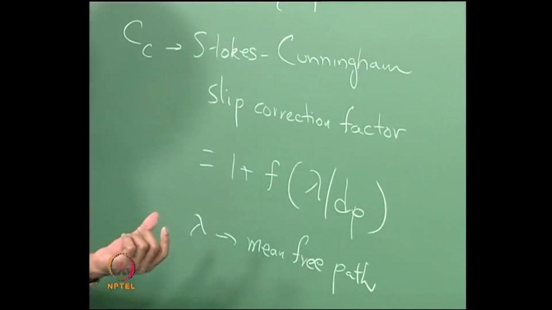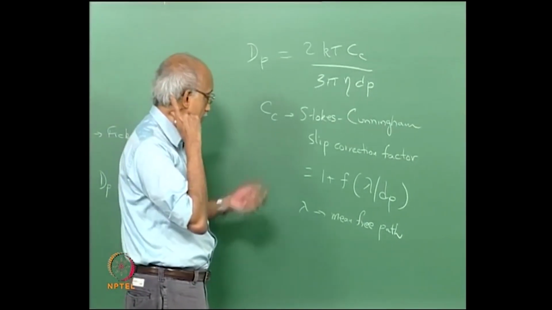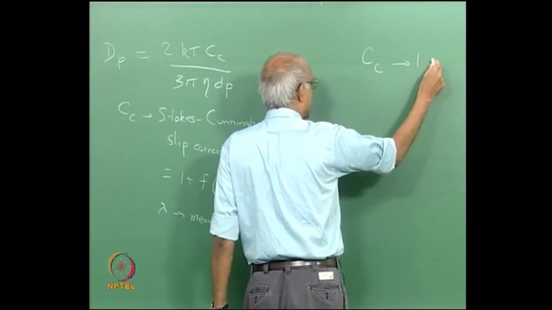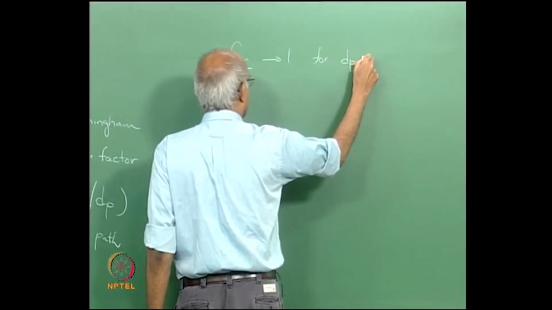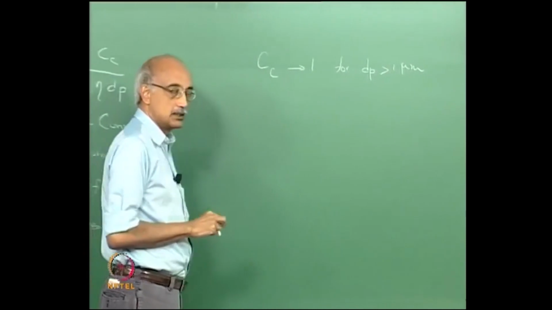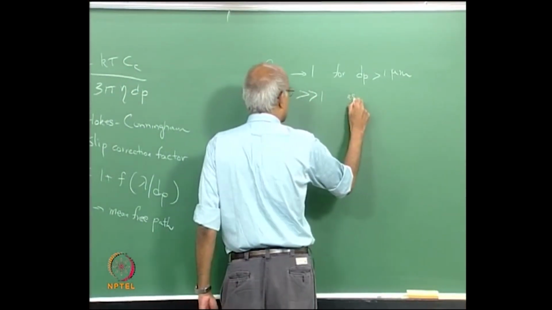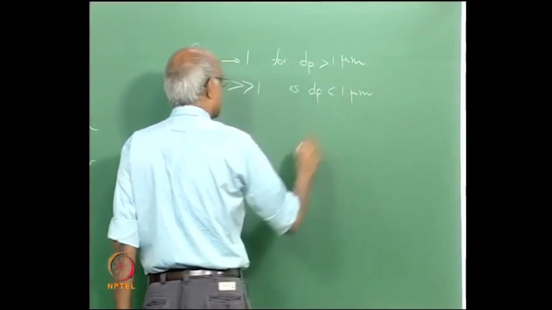So this correction factor increases rapidly as particle diameter drops. In fact, this factor Cc will tend towards 1 for dp values that are in excess of 1 micron, but the Cc values can be much larger than 1 as dp drops below a micron.